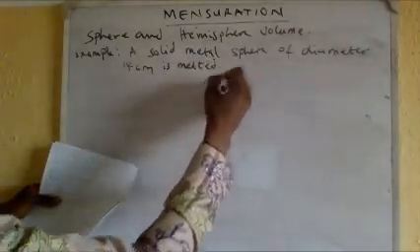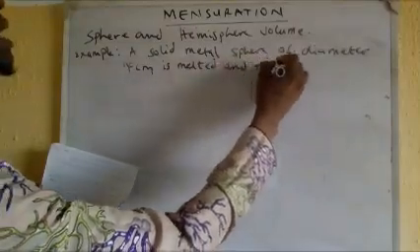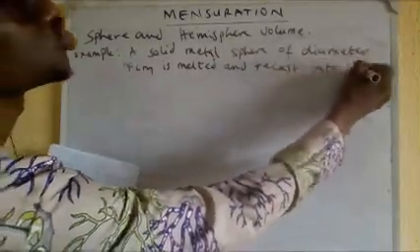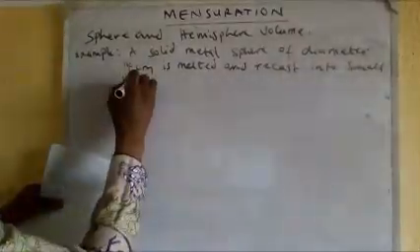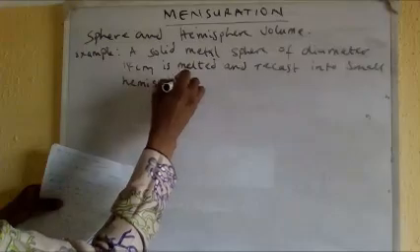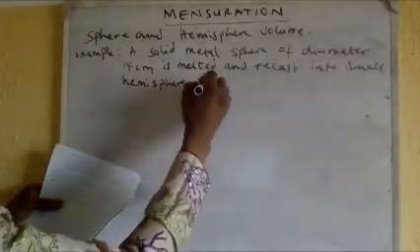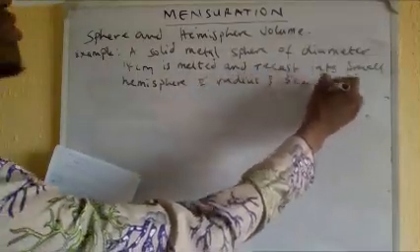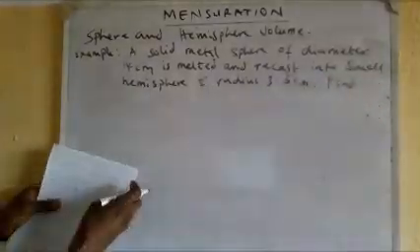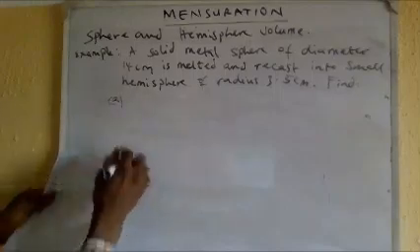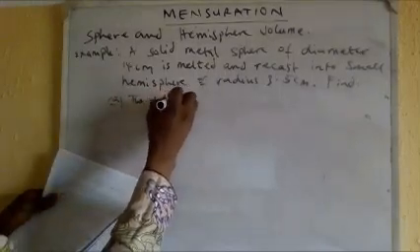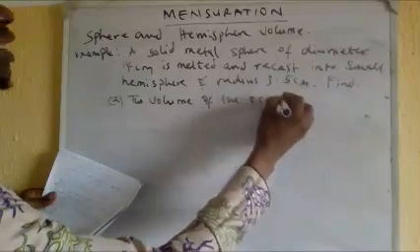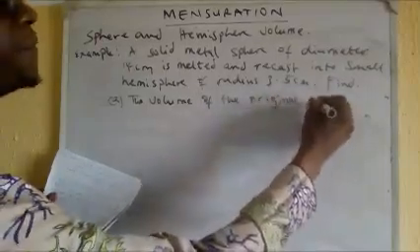Is melted and recast into small hemispheres of radius 3.5 cm. Find A, the volume of the original sphere.